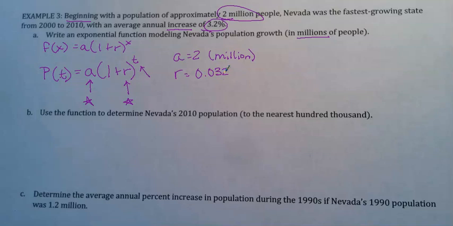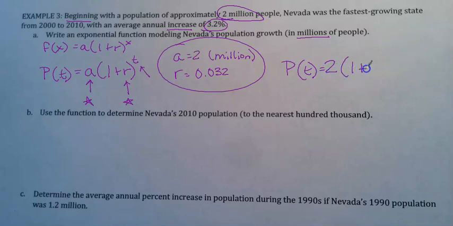All right, now that we have these things, we've pulled them out of our problem, we're going to put them into our formula. So this is going to be the population as a function of time equals 2, that's our A, times 1 plus our R, so 0.032 to the power of t.